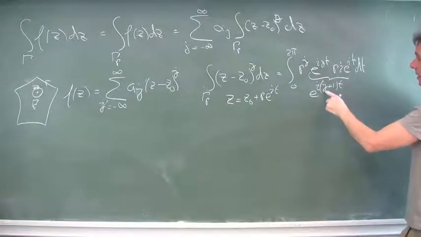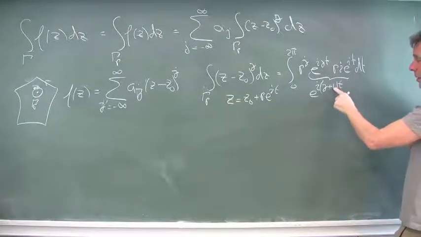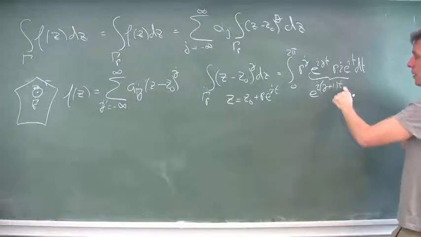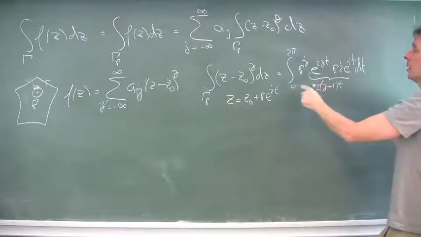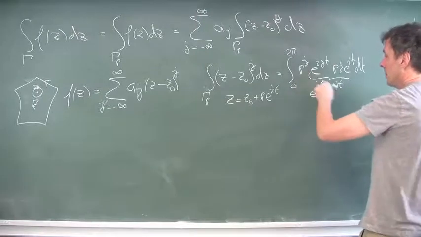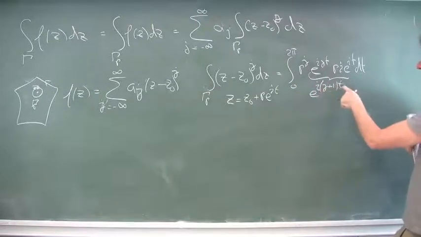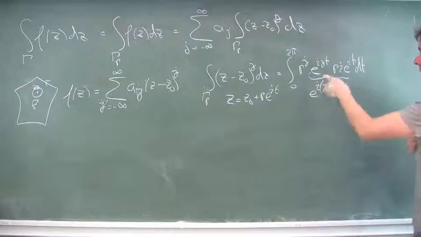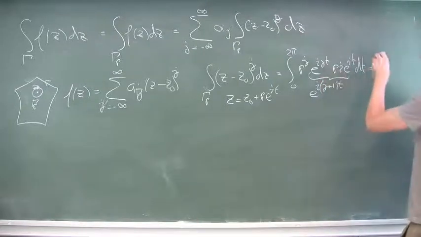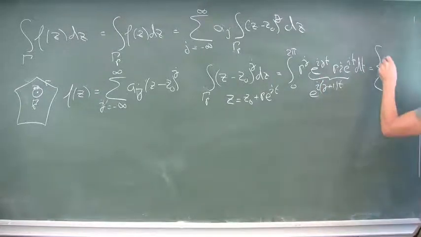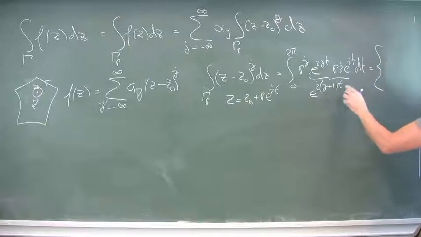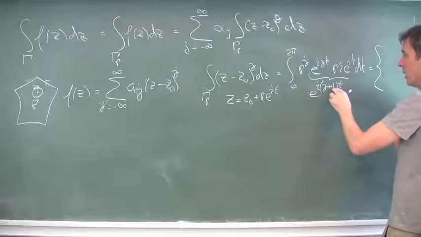And as long as j is different from minus 1, the primitive function will be periodic with the period 2 pi, and then this function will evaluate to 0. So the only case where you get something non-zero here is when j is equal to minus 1.